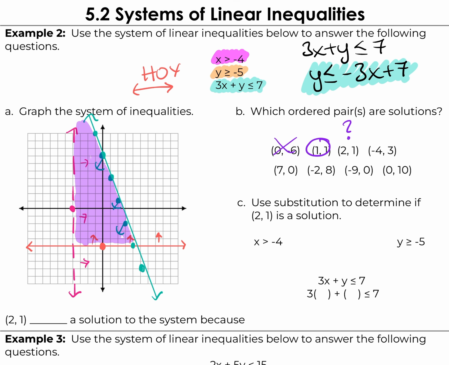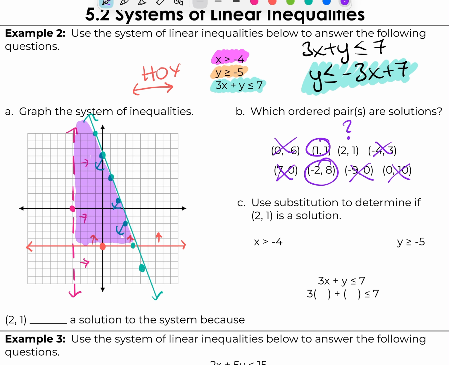We're going to have a -4, -3, that's on dashes, so that's a no. We've got 3, 4, 5, 6, 7, 0, -2, and 8, that's a yes. -9, 0 out here in the white, that's a no. And 0, 10, also up here in the white, that one is a no.